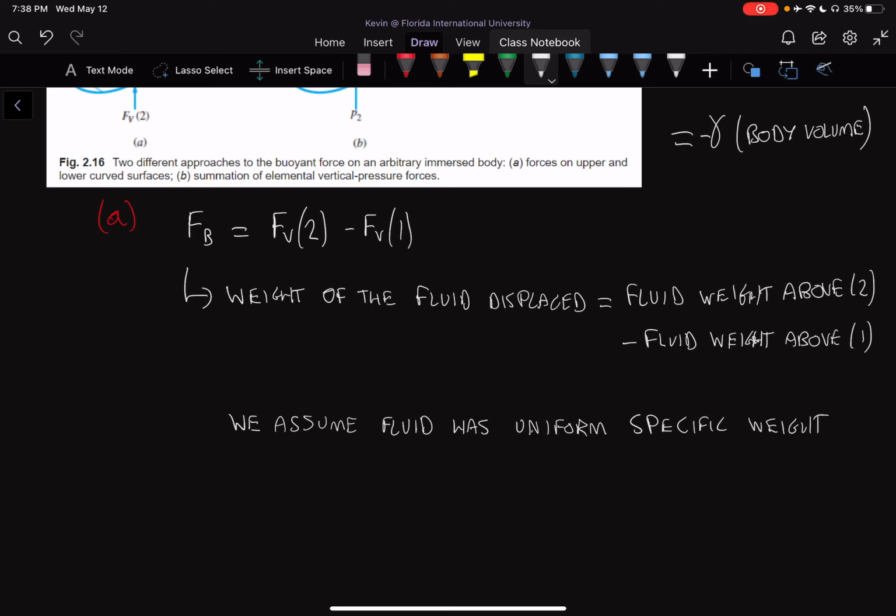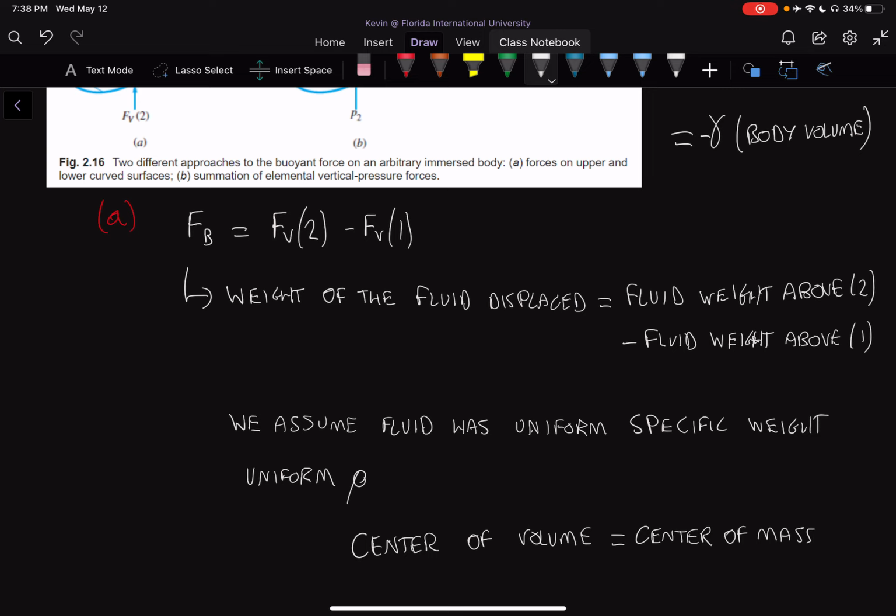What we mean by that is that density is uniform, and if density is uniform, that means that the center of volume, so the center of the shape, is equal to the center of mass of the shape as well.